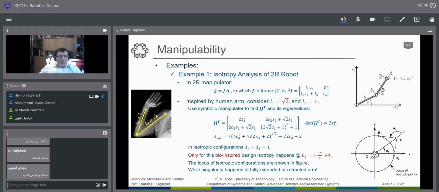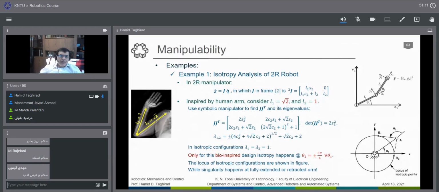You can examine in the literature that this ratio is about square root of 2. If you consider L2 equal to 1, L1 is a bit longer and is equal to 1.41, square root of 2.